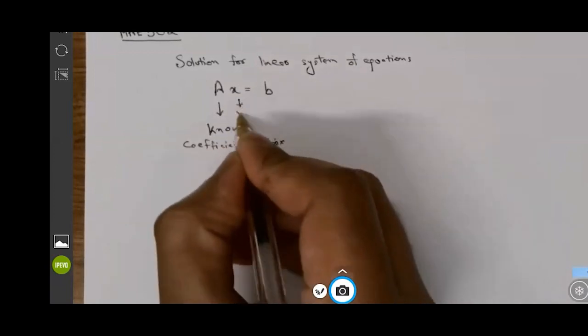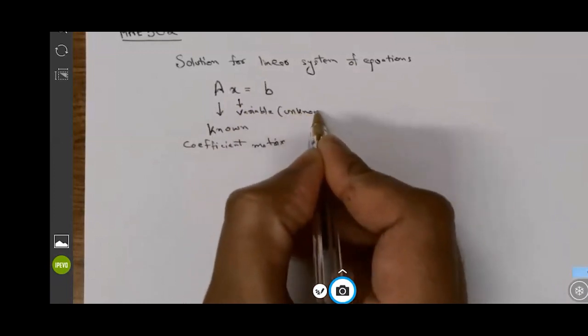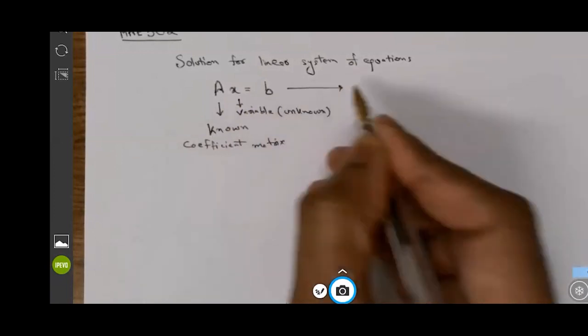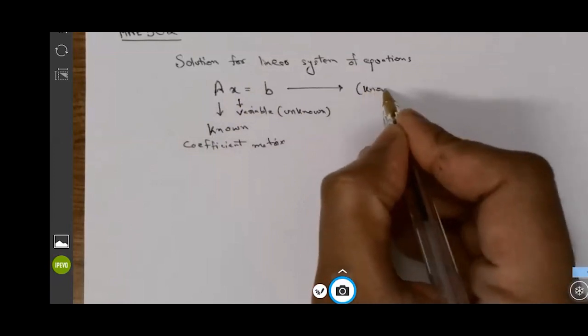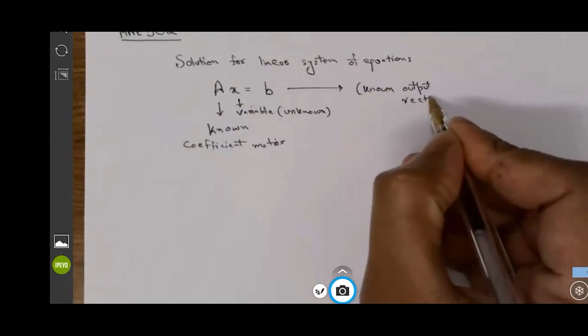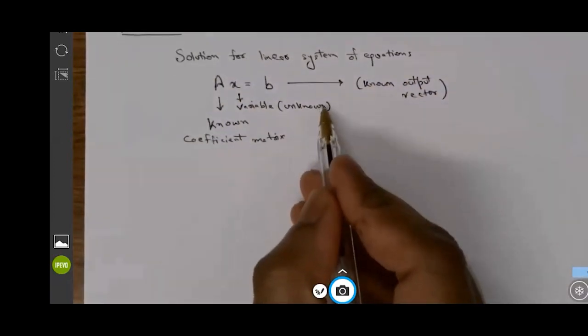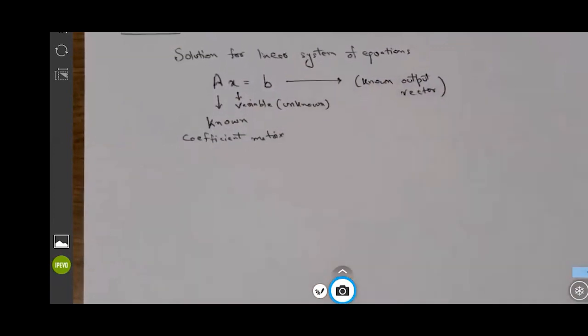X is your unknown variable, and B is again your known output vector. X is also something you can call an input, and B is basically an output.